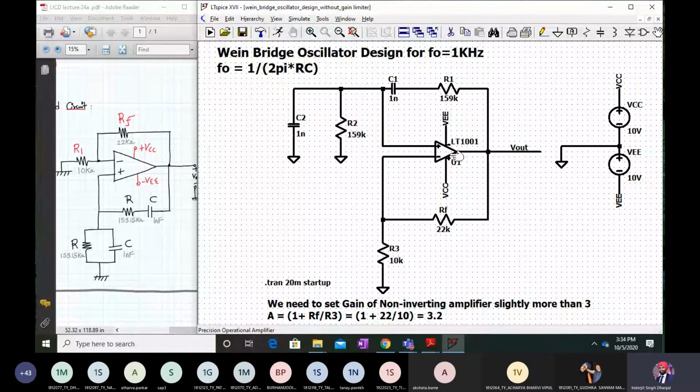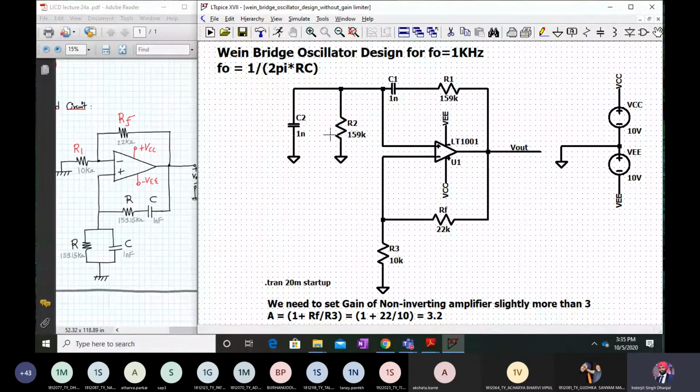It's not suited for the kilohertz frequency range, because it's limited by its slew rate. Fine. So here I have my RF, which is 22K. Instead of R1, I have labeled it as R3. That doesn't matter, the value should be the same. Since we cannot give the same name to different components, we have to rename them as R1C1, R2C2. That's the only motivation to change the name, because LTspice doesn't take the same name.